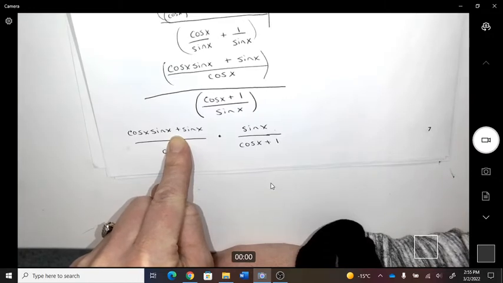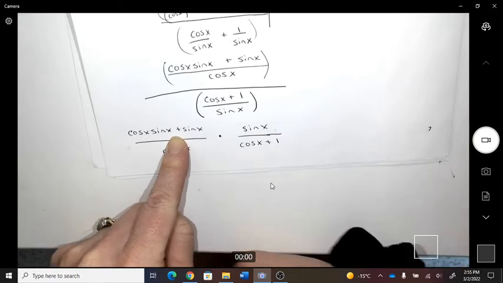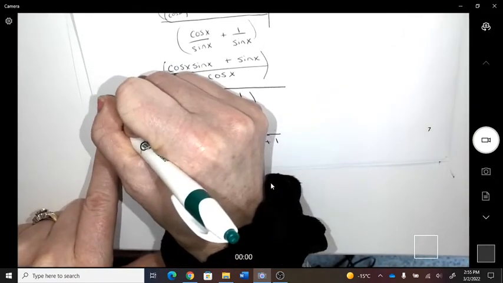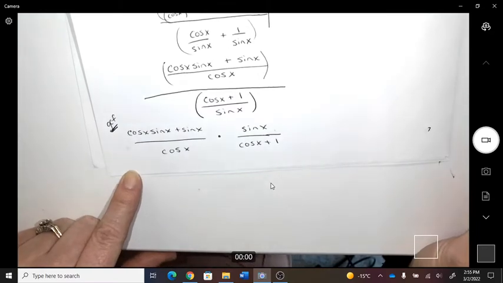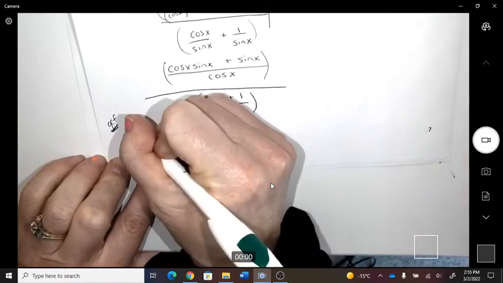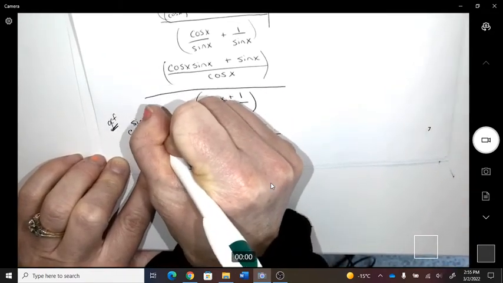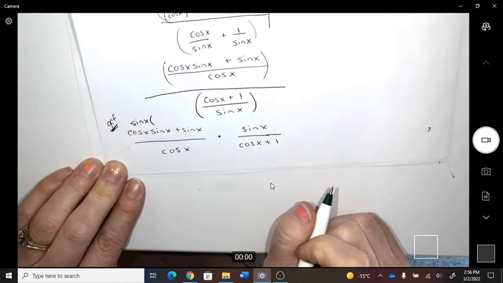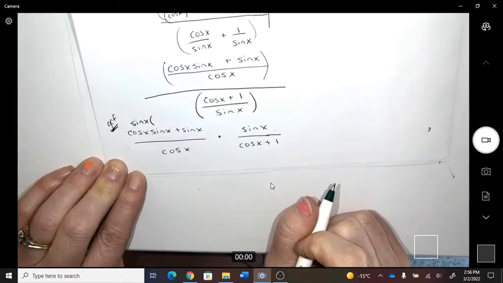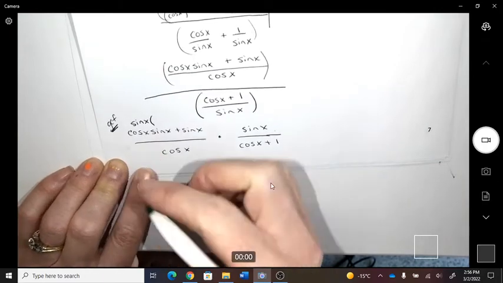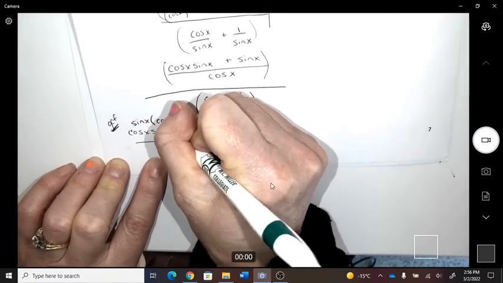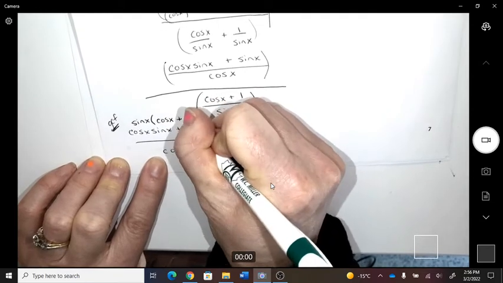I could factor it. I could GCF it. What can you take out of that group? Sine x. Okay, what do you have left if you take out a sine x? Cos x plus 1.